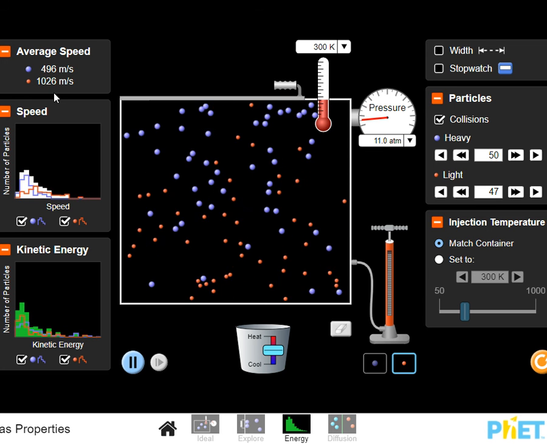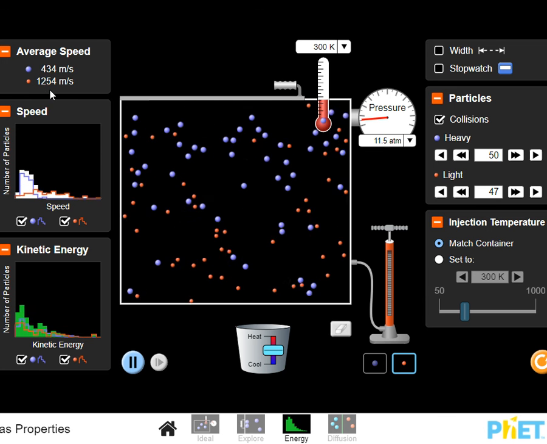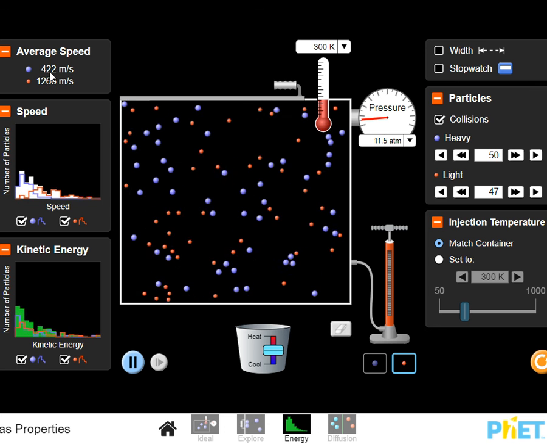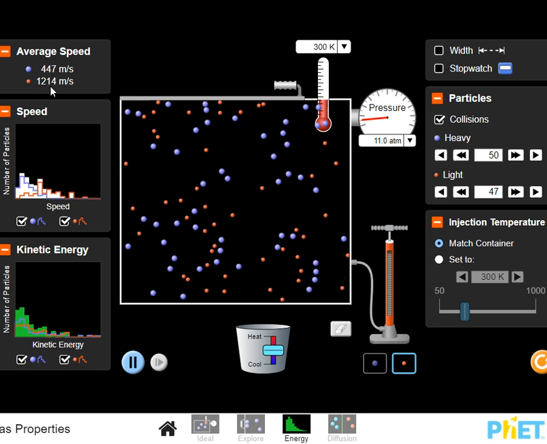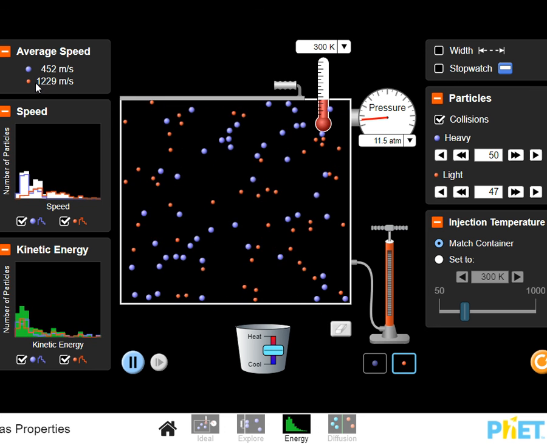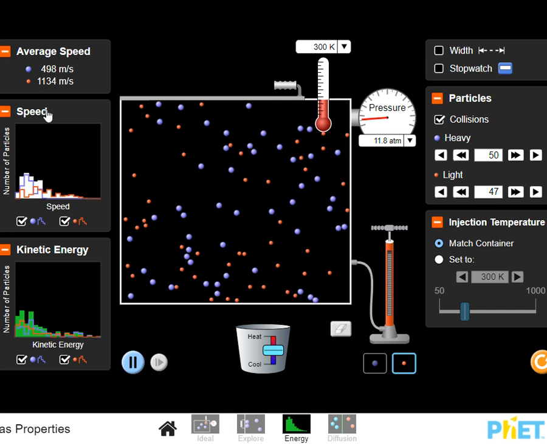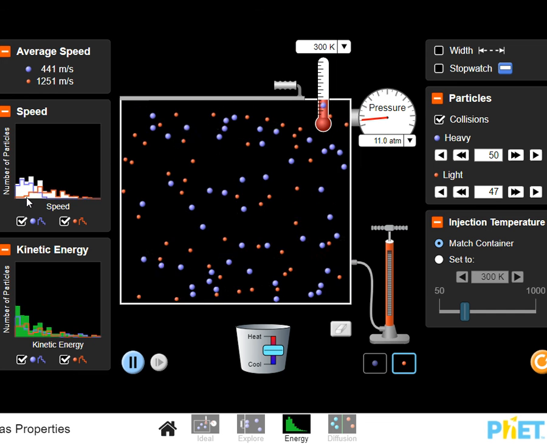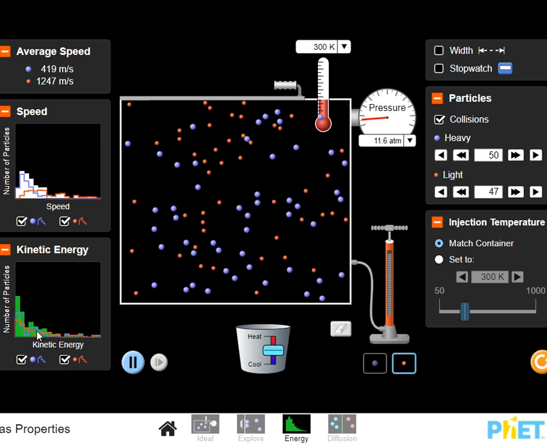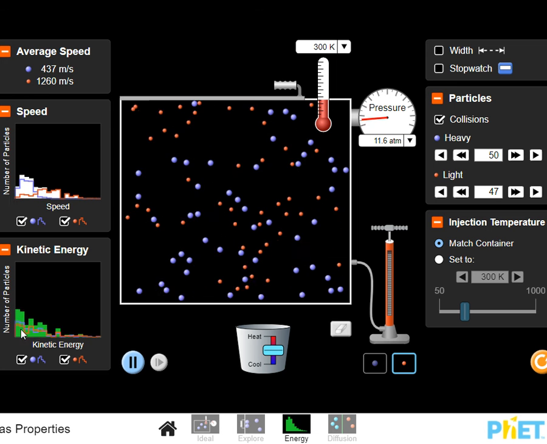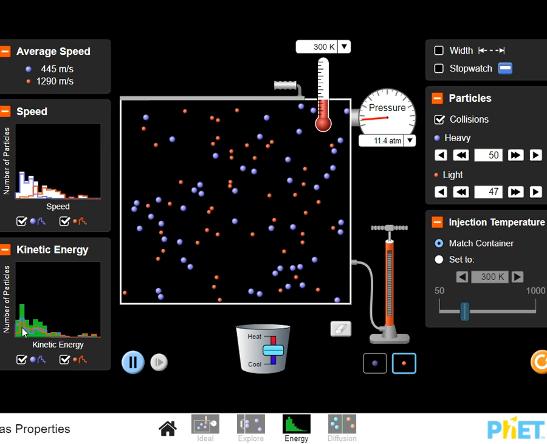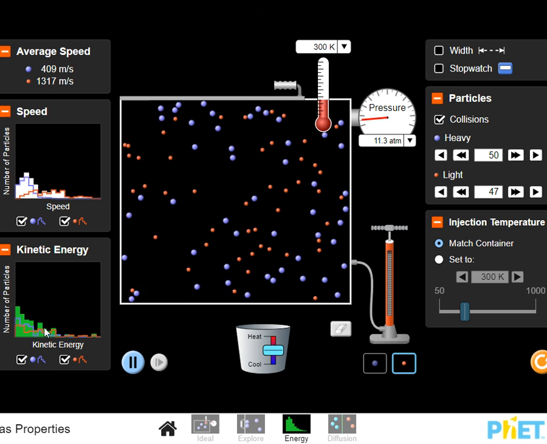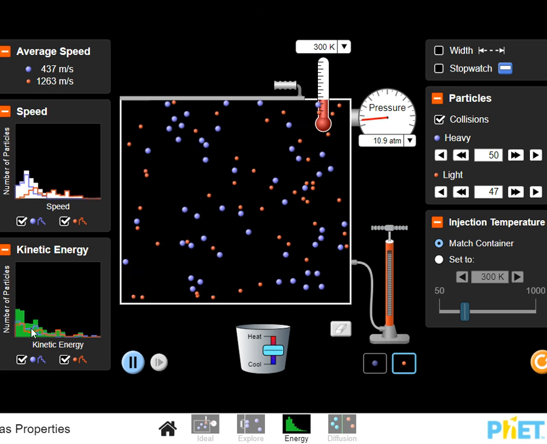Look at the difference in average speed for the lighter particles. Heavier particles are like 440. Lighter particles are like 1200. So it's a big difference. Then when you look at the kinetic energy, okay, we're seeing the graph very similar. Those blue and red lines are very similar to one another.